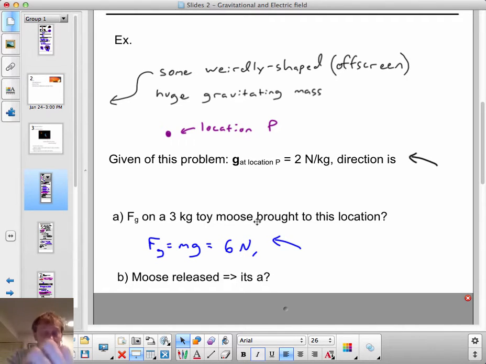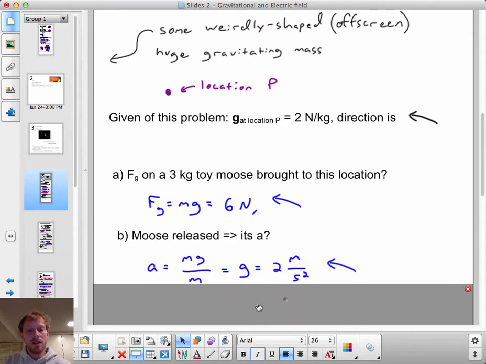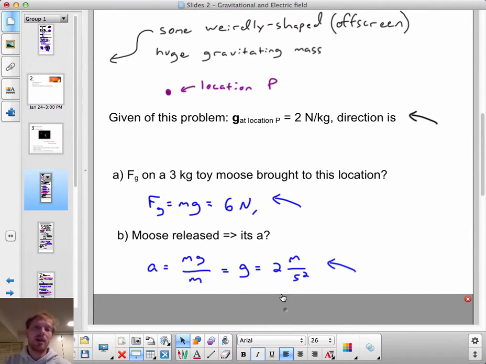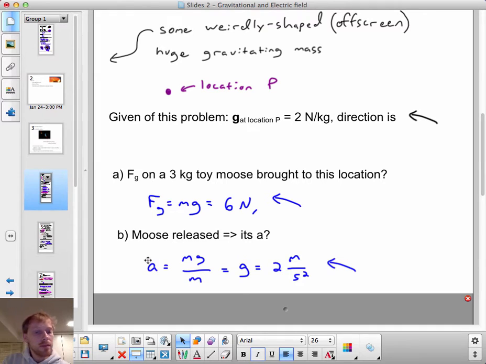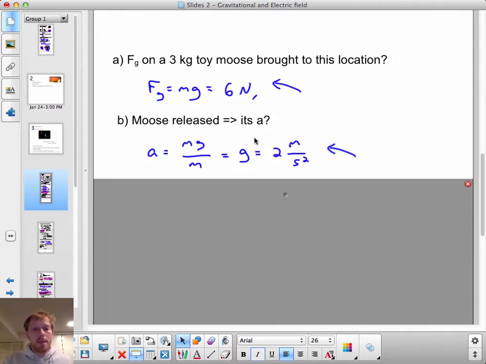So if I bring the moose to that location and then let go, what's its gravitational acceleration? Well, it's that gravitational force divided by the mass of the moose. Notice that the masses cancel because the gravitational mass in the numerator is the same as the inertial mass in the denominator. That is quite a coincidence. And so the acceleration of the toy moose let go at that location is 2 meters per second squared.